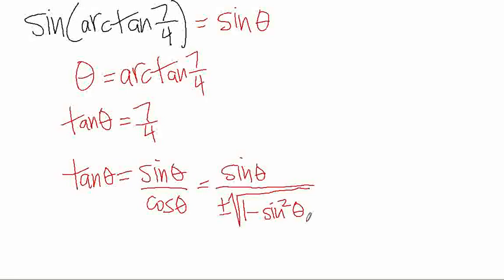Here's how we're going to determine that. Think about angle measures that have a tangent equal to 7 over 4. We've restricted tangent to a limited domain that corresponds to the first and fourth quadrant.